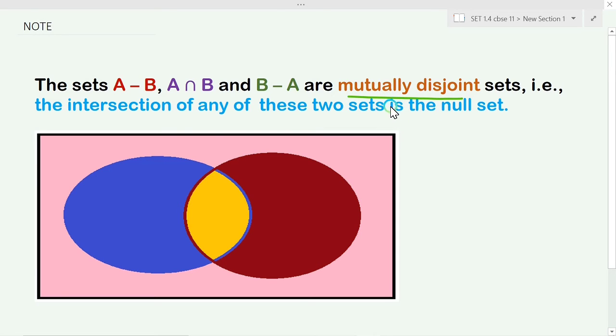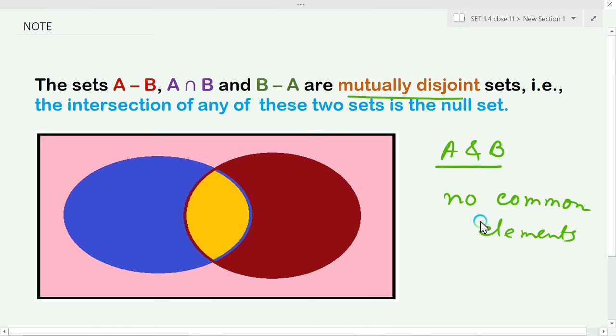Mutually disjoint set means two sets A and B are called mutually disjoint if there is no common element between A and B, that is, the intersection, that is, A intersection B equals phi.